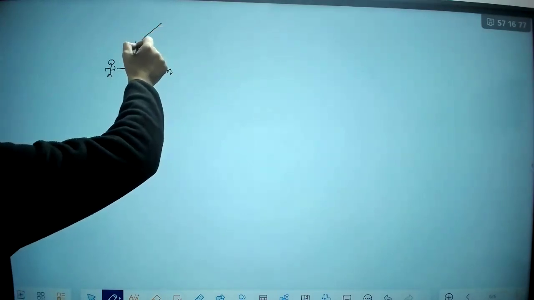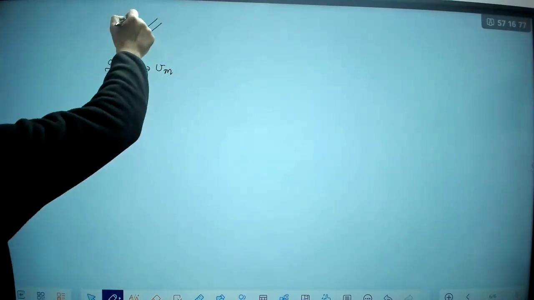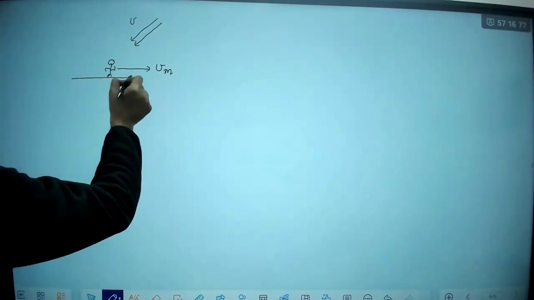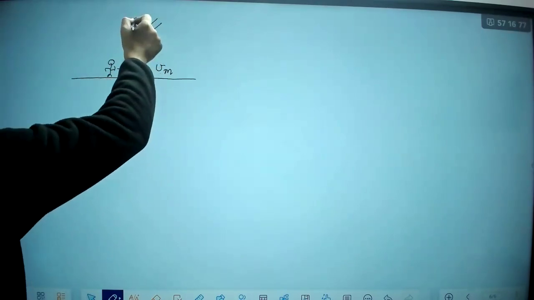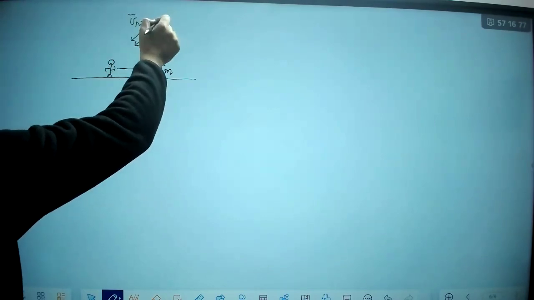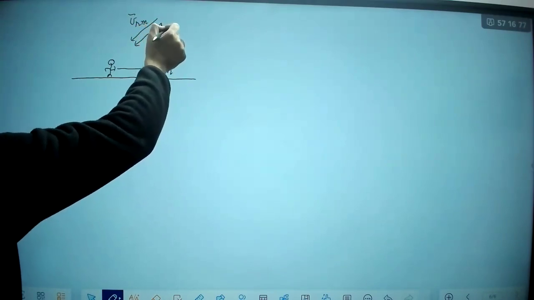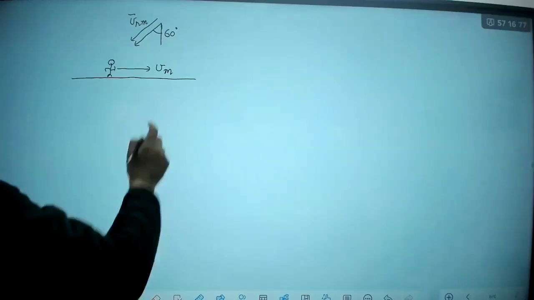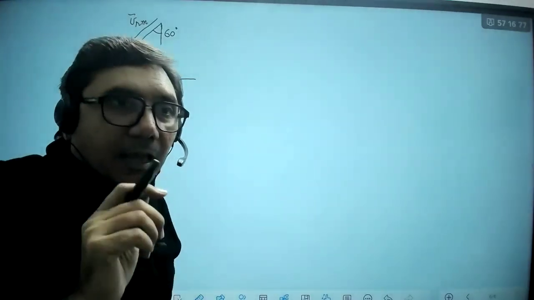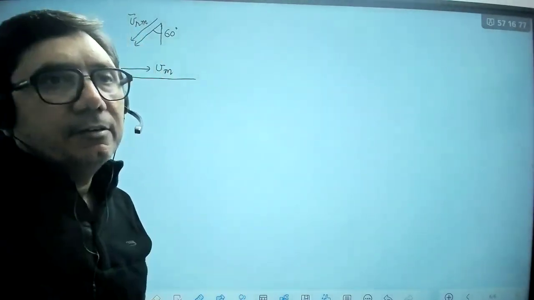This moving person is observing the rainfall like this because he is moving himself. So this is VRM. Suppose this angle is 60 degree. Now please find out VR, the actual magnitude of the rainfall, and the direction of the rainfall.